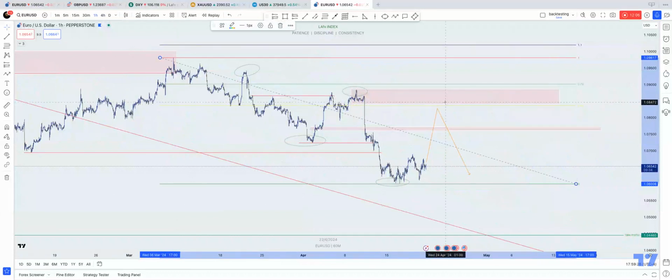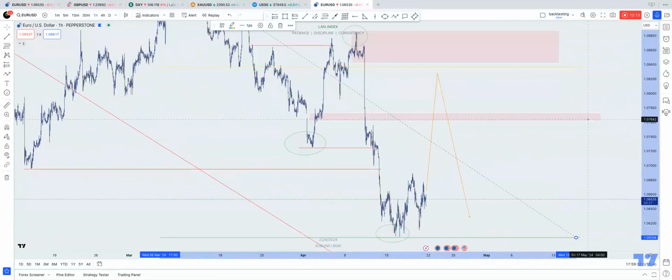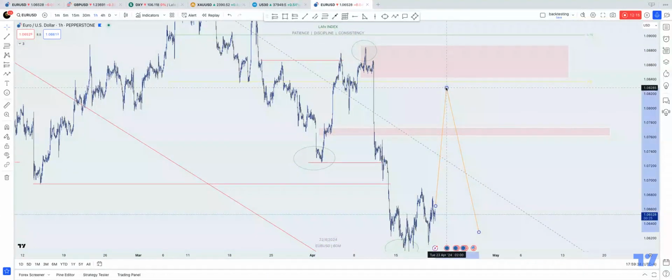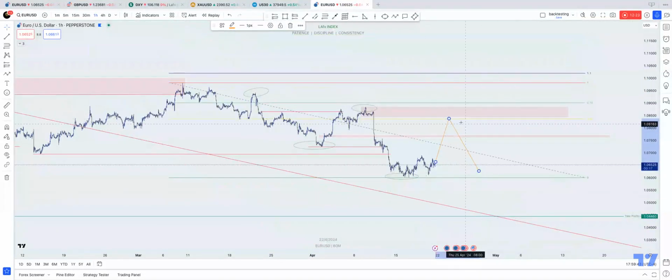And where is our thing? We broke with the body, right? Body means 62 for the body break on fib. That means we'll be retracing towards this area, right? So both scenarios, internal structure and external structure, are telling us that we should be expecting price to come all the way here.